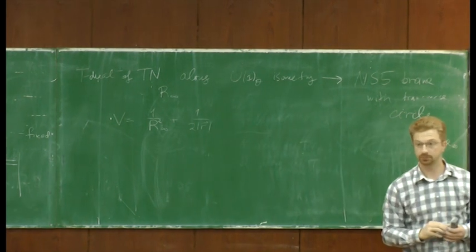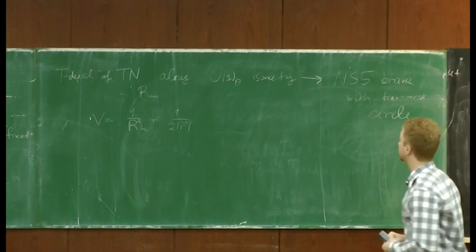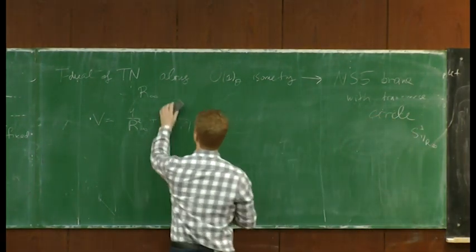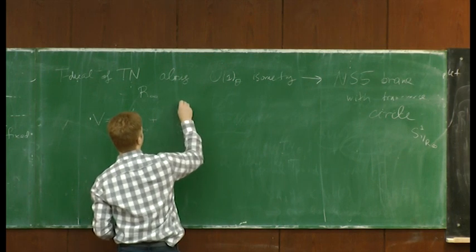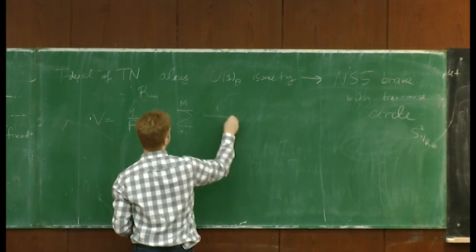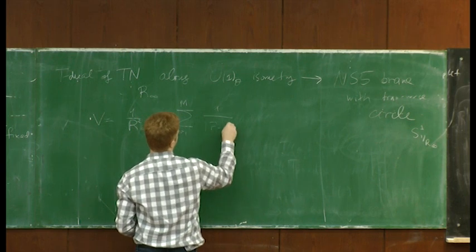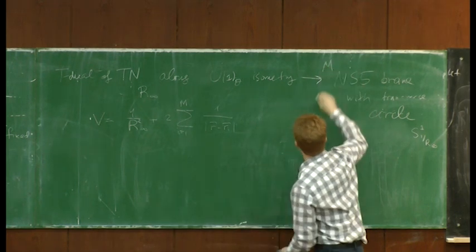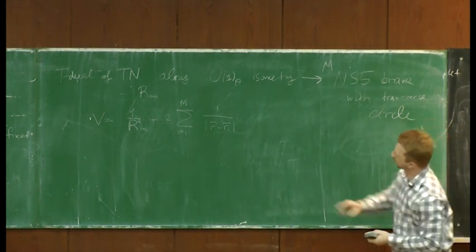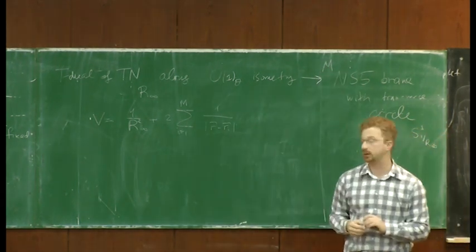So if you consider multi-center Taub-NUT, which means that here you have, let's say, m poles, then you'll get m NS5 branes, which, depending on the separation, will be separated in some directions.